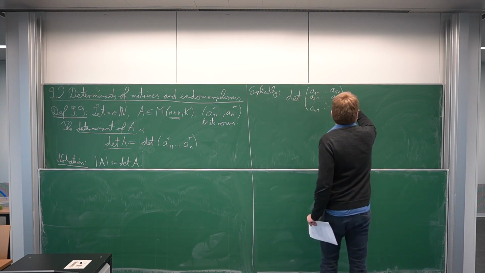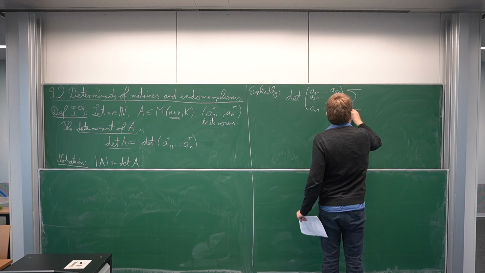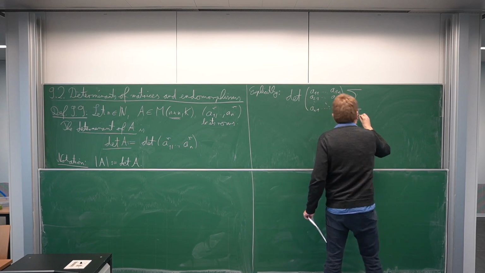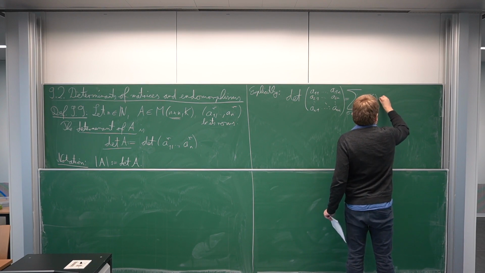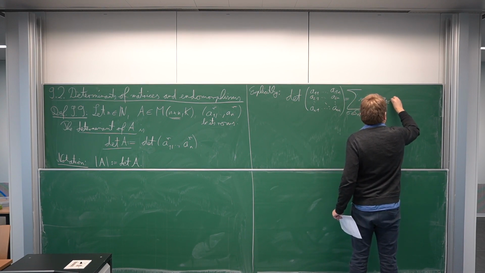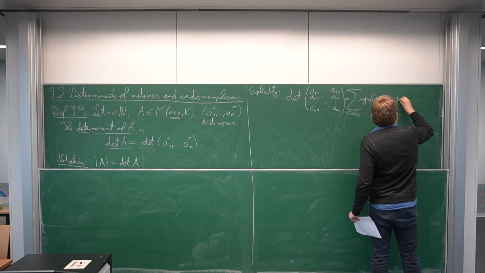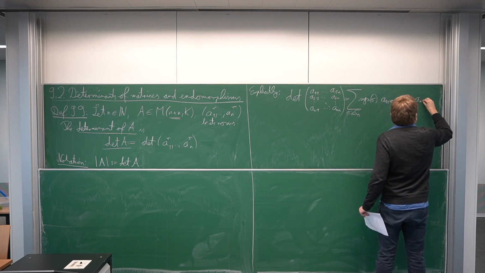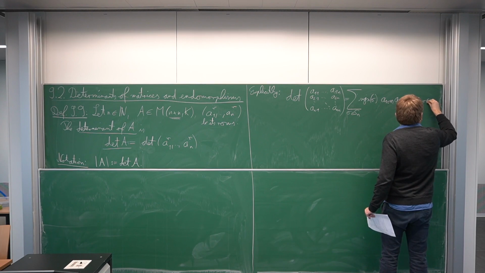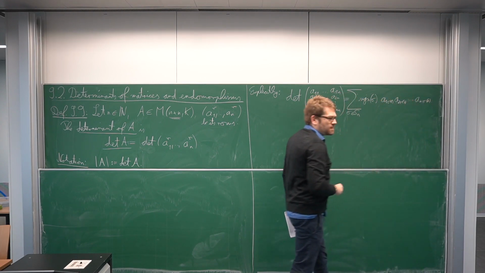Okay, the determinant of this matrix is then the sum over all sigma in Sn, and that was the explicit formula here, the sign of the permutation sigma times A1 sigma of 1, A2 sigma of 2, to An sigma of n. This is the explicit formula.